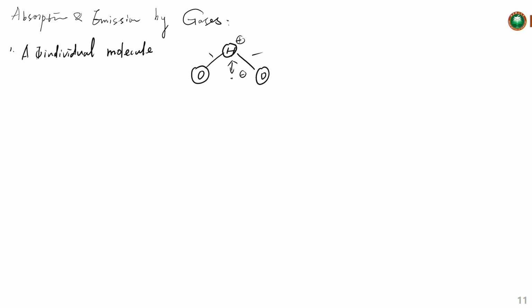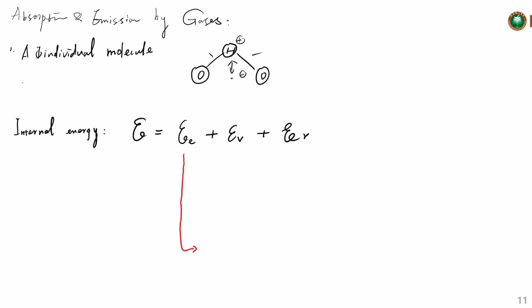That's a short review. So the internal energy of a molecule, we use epsilon to represent that, and it can be expressed as epsilon E plus epsilon V plus epsilon R. The first one is called the electronic energy.